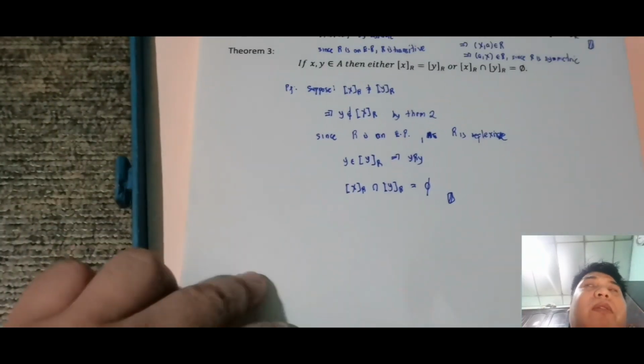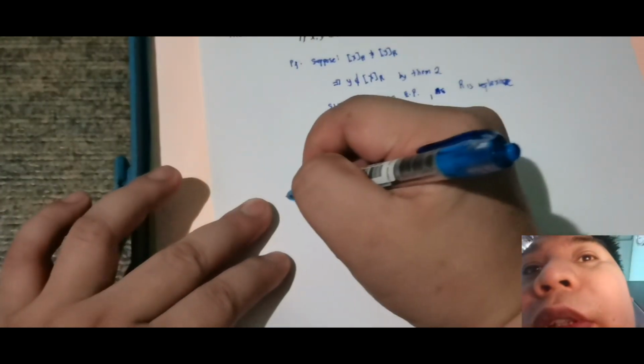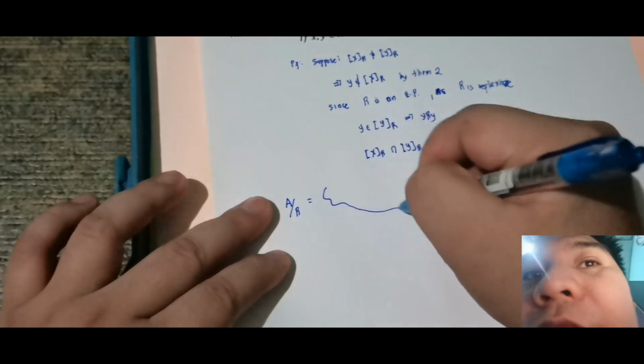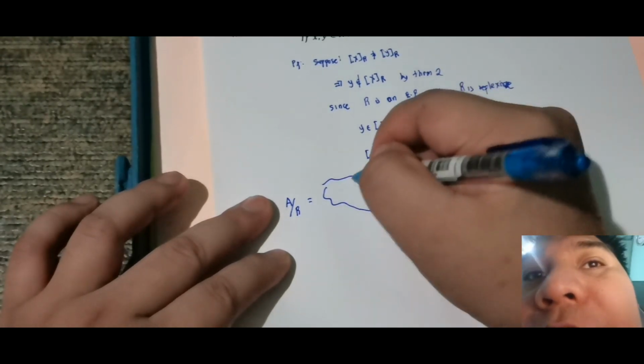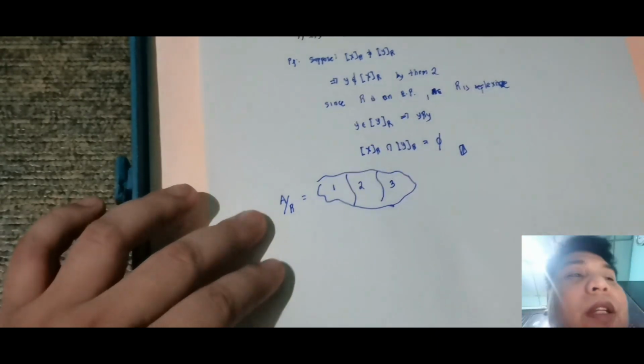Tapos ngayon, explain ko na yung ibig sabihin ng ating partition. So, ano ba ibig sabihin ng partition? Unang-una sa lahat, yung set A over R is ganito. So, assuming tatlong hati. Ito yung 1, ito yung 2, ito yung 3.